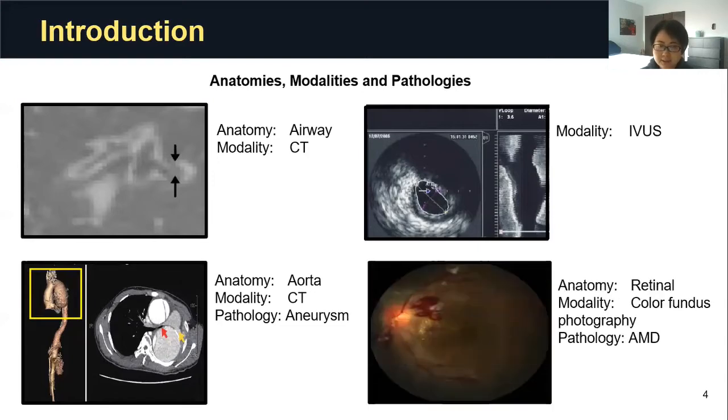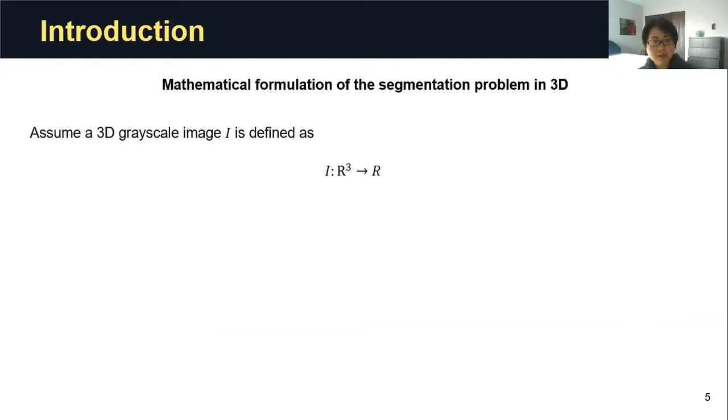And here is a slice of color fundus photography retinal data with AMD disease. We are not going to talk about every kind of anatomy and modality. We are going to focus mainly on CT data, and on the segmentation problem, in this thesis.